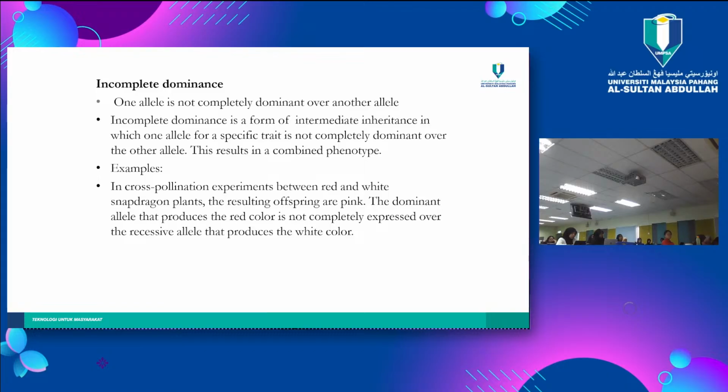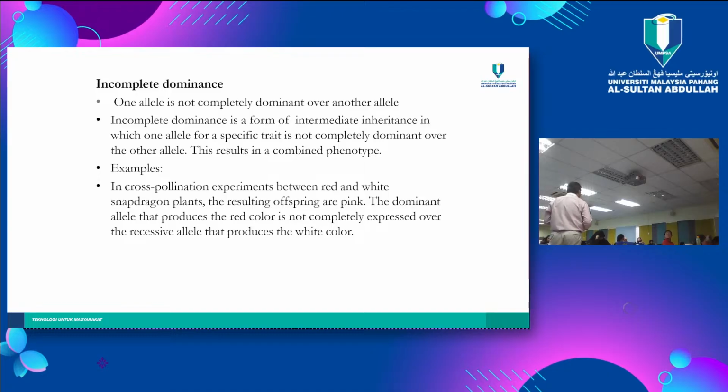In the Mendelian inheritance concept, when we have the dominant allele with the recessive allele, usually we get red. But in incomplete dominance, the heterozygous will not turn out red because the dominant allele is only partial; it's not able to fully affect the red color trait. Here maybe it's going to be in the middle, maybe pink in color. So it becomes intermediate between the red and the white color.